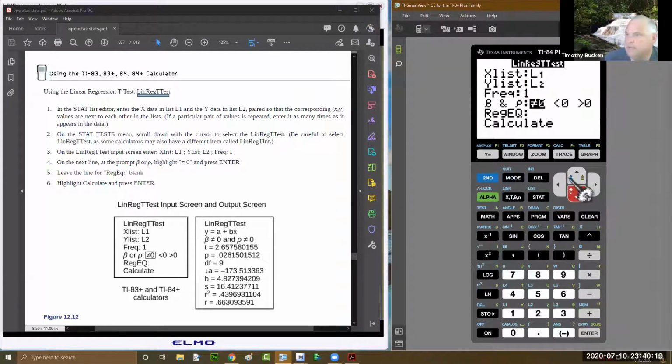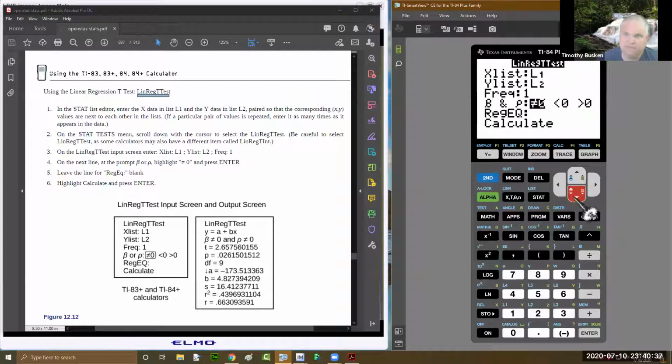Always keep your frequency number 1. And this B and P, don't even worry about that. Just make sure to set it to not equals 0. And you can find the best fitting line or the regression equation, the model equation.